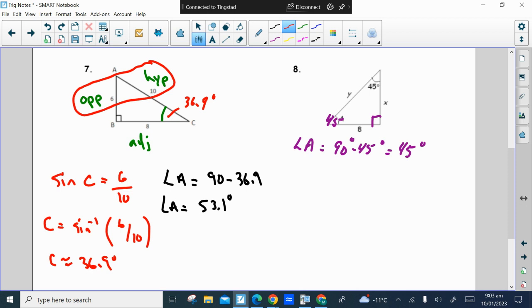We only have one side right now, so we can't use Pythagorean theorem. We're going to have to use a trig ratio in order to do this. So first, if I label the sides of the triangle, there's a hypotenuse. Let's say we're going to use that angle there, 45 degrees. The side across from that is the opposite. The third side is the adjacent.